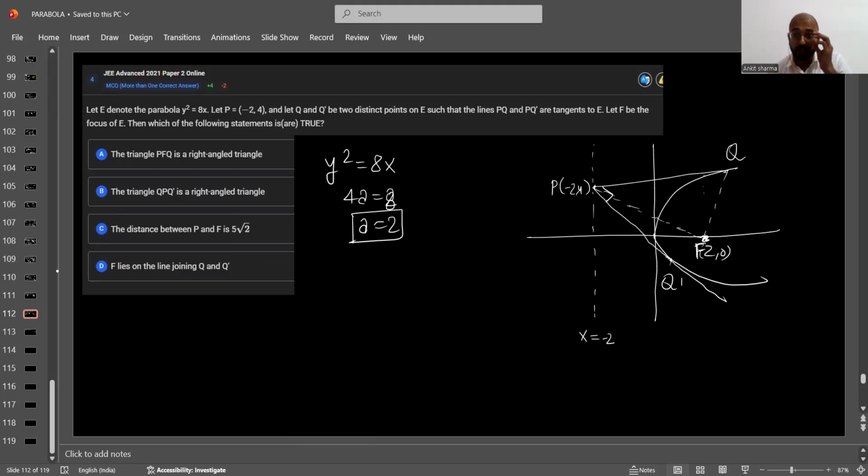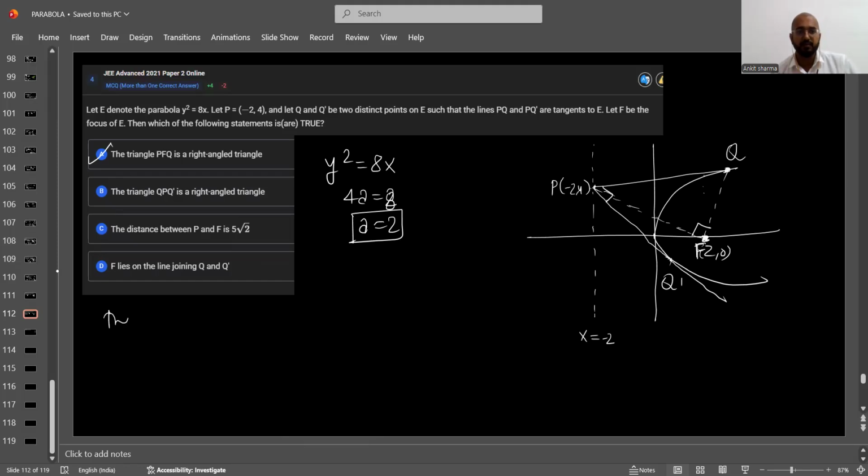This is my point from where tangents are being drawn. Of course, if you have a look, then we have proved that this portion to this portion will subtend a right angle at the focus. The length of the line segment intercepted between the point of contact and the directrix subtends a right angle at the focus. So this option A is definitely correct.